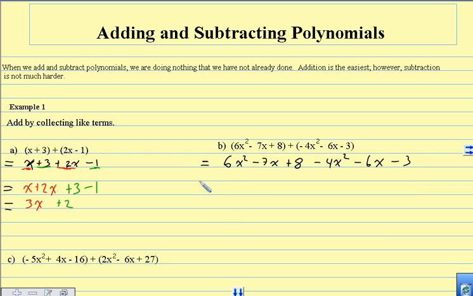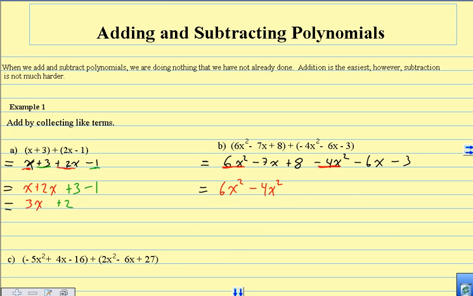Okay? And now I've got a little work to do here. I've got to collect like terms. So let's look at the x squareds. I have 6x squared and I have minus 4x squared. So this becomes 6x squared minus 4x squared.